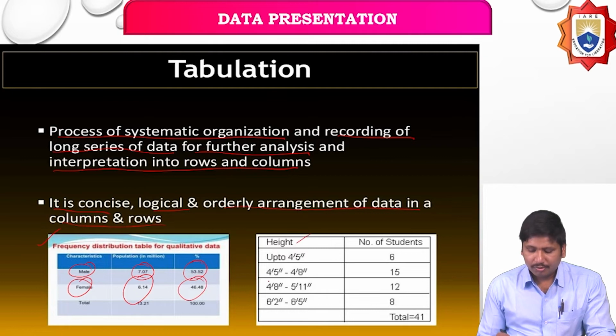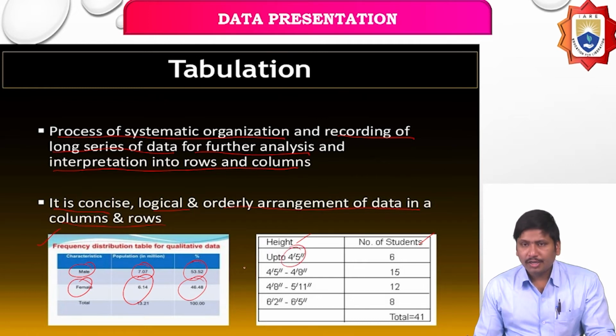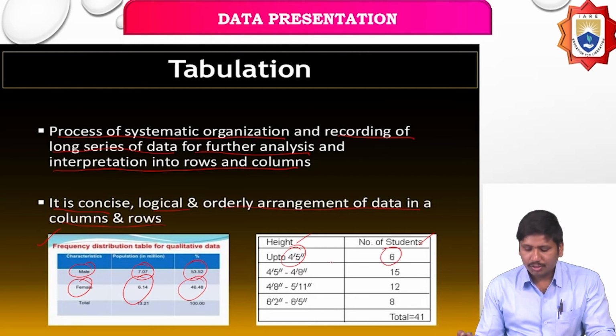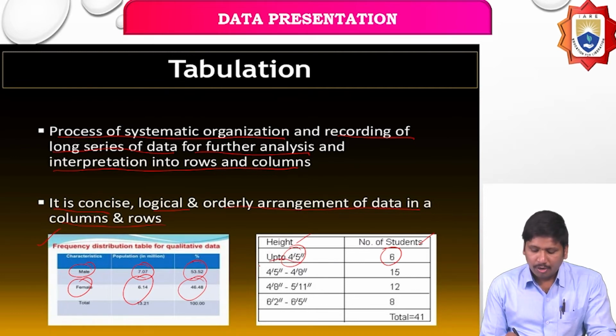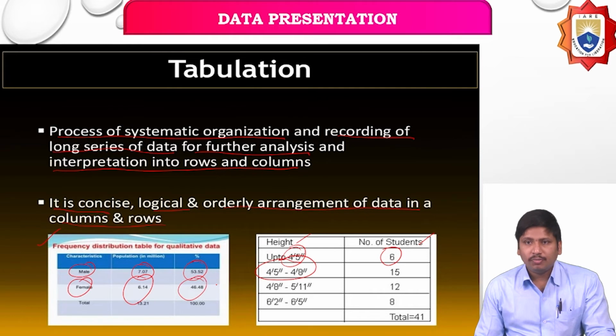Similarly, I can represent the height of the students. Up to 4 or 4.5 inches, how many students are present, I would like to know, so that I can represent it. One second column is the number of students, right? Similarly, in between 4.5 to 4.8, it will be 16.